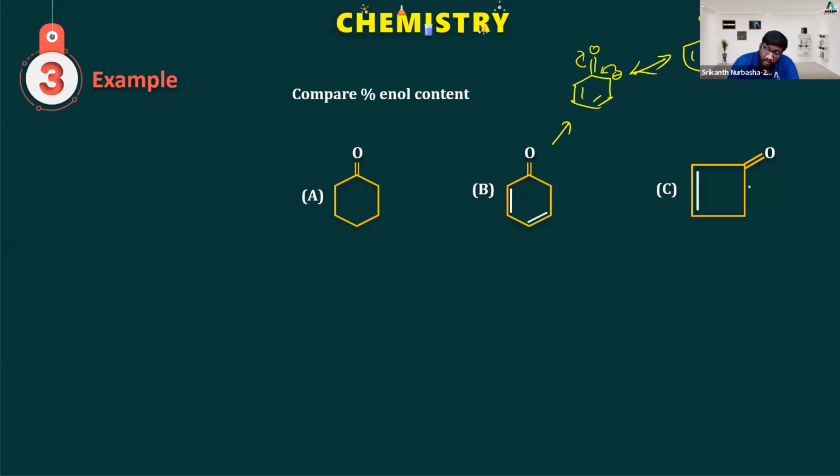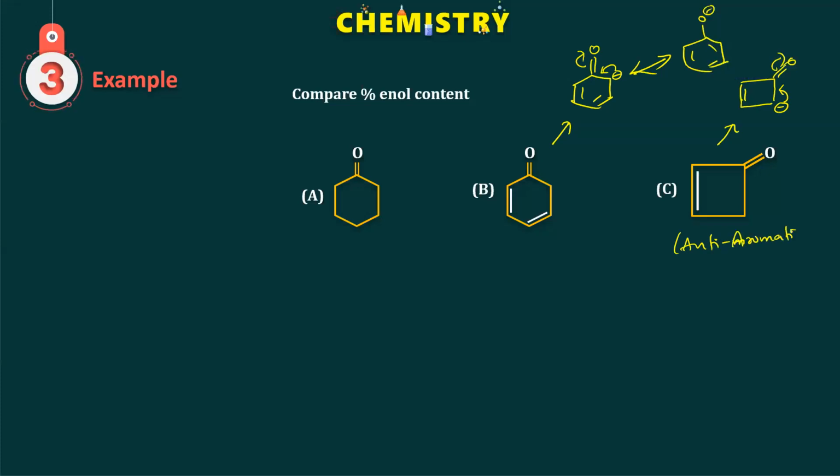Look at compound C: if you pick up this particular proton, you get a C double bond O, and the negative charge comes into the C double bond O pi electron and moves away. So it resembles an anti-aromatic system or not? Yes, sir. Because of the anti-aromatic system, the destabilization is going to be very high. So whenever you have 4-membered rings, always think of anti-aromatic systems. There is a possibility of anti-aromaticity.